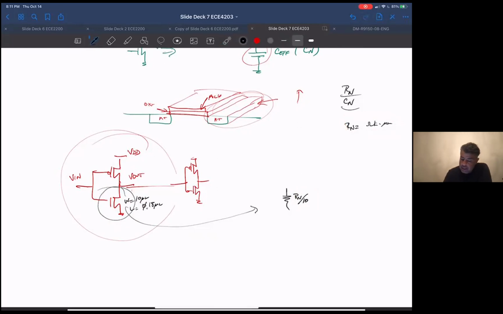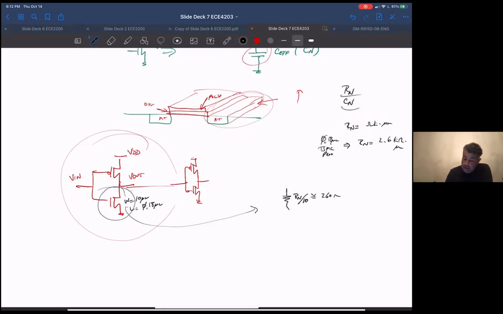In the case of the 0.18 micron TSMC process, R sub n was, I think, 2.6 kilo ohm microns. So this would equal 260 ohms roughly.